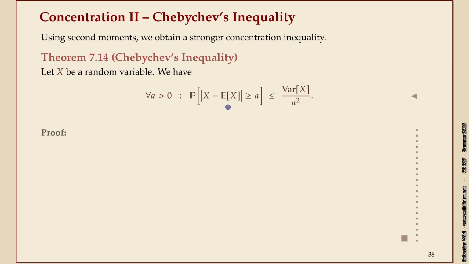Here it's being a factor a away from the expectation. And now the upper bound involves the variance, but also you should notice that there's an a squared. Previously, for Markov, it was: probability of X greater or equal a is at most expected value over a. Now we get an a squared, which means for large a, this bound is going to be much smaller. Okay, I mean, ignoring that the variance is there, but oftentimes the variance is not much, much bigger than the expectation.